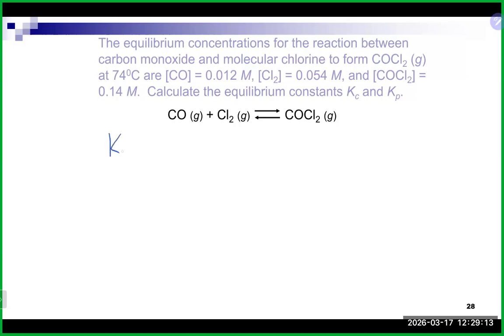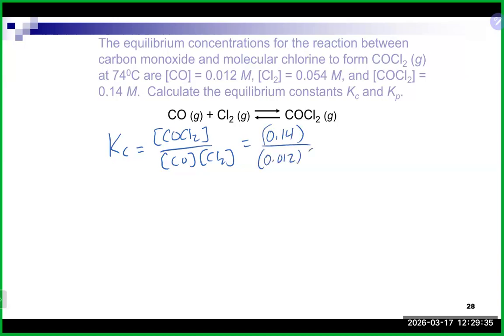So this is our Kc expression, which again is going to be our products over our reactants. It's going to be the concentration of COCl2 divided by CO and Cl2. Since we were given all that information, we're just going to pop the numbers in there: 0.14, 0.012, and 0.054.